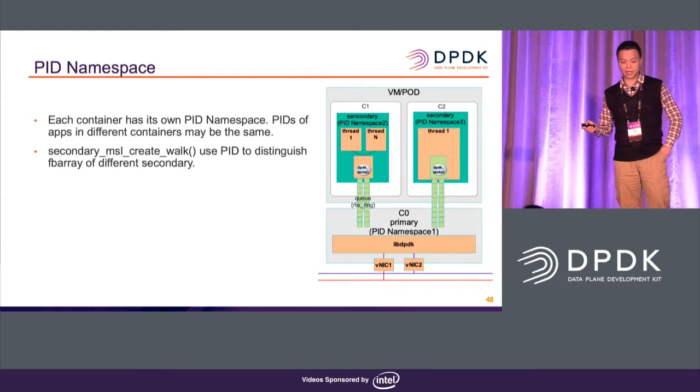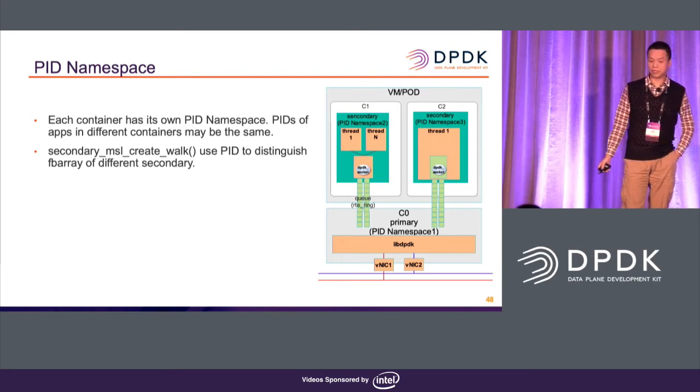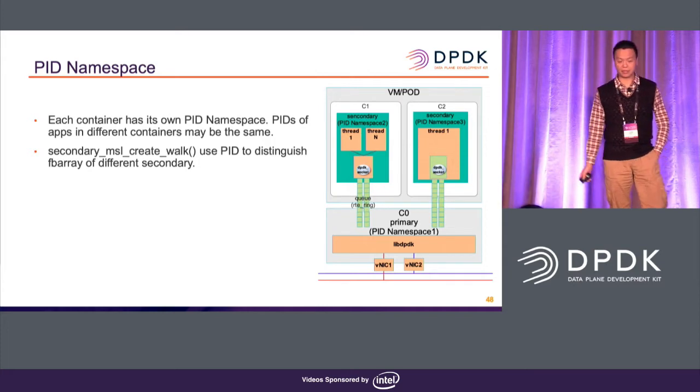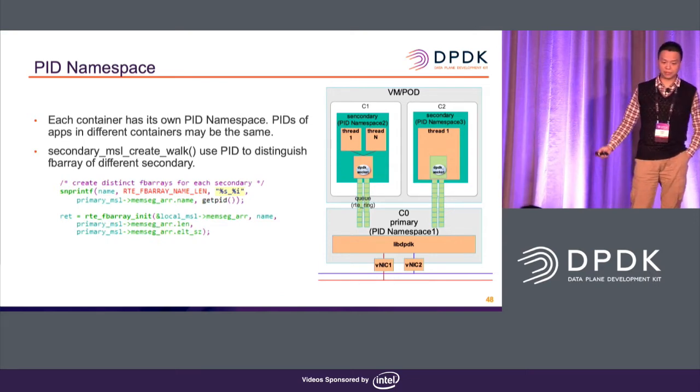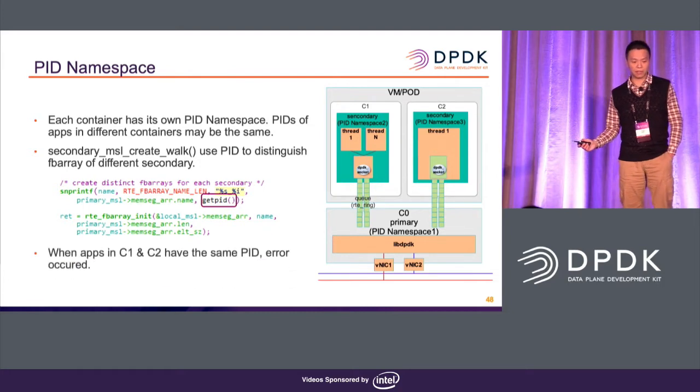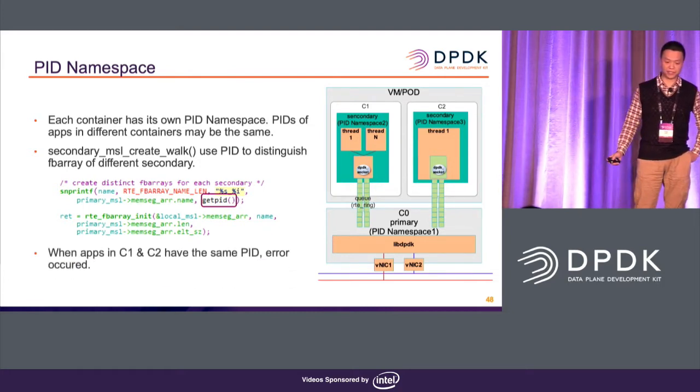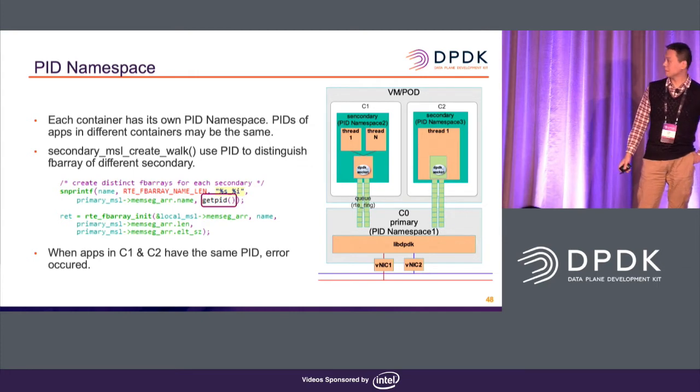And DPDK has a function named secondary msl, create walk. It uses the PID to distinguish the FB array of different secondary processes. So just like this code shows, getpid. When the apps in C1 and C2 have the same PID, the error occurred.